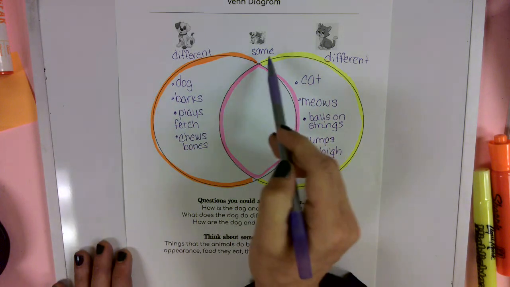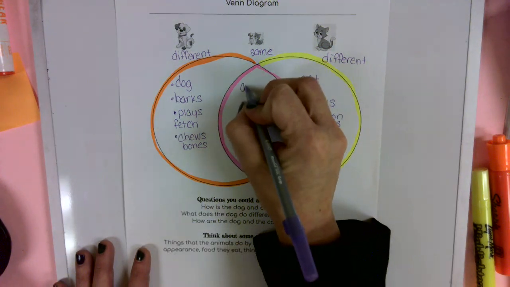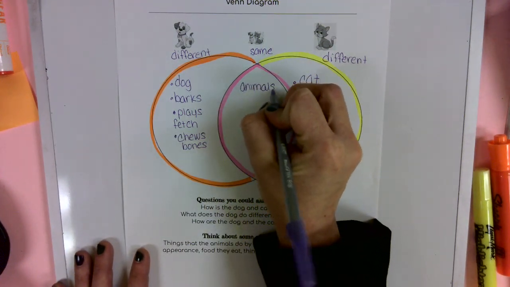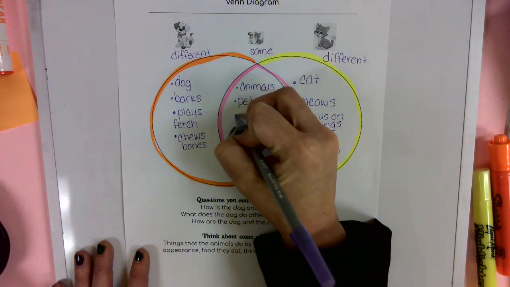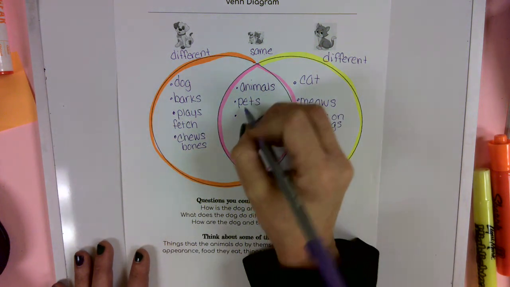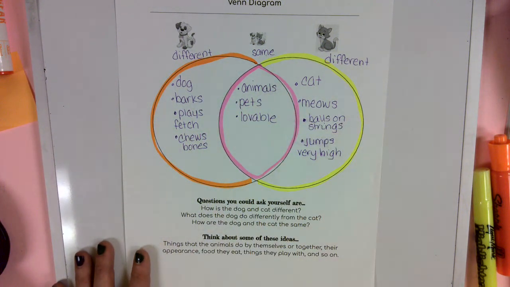Now let's think about how they could be the same. How could they be the same? They're both animals. They're pets to people. They're lovable. What do you think? How else are they the same? Hmm.